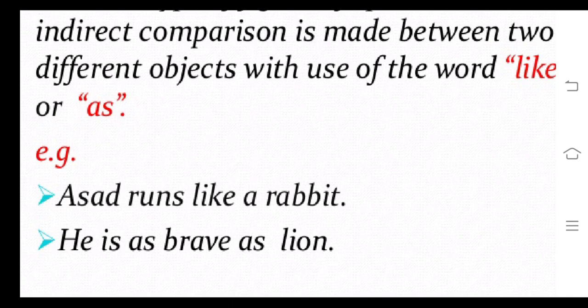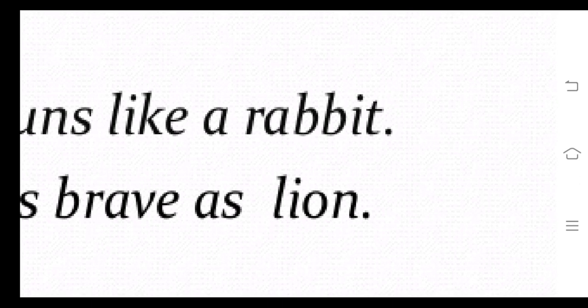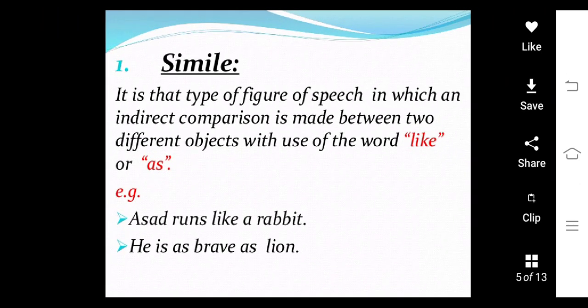I hope this is clear to you. If like or as is in a sentence, such as she looks like an angel, you can say that it is a simile. I hope this is clear.